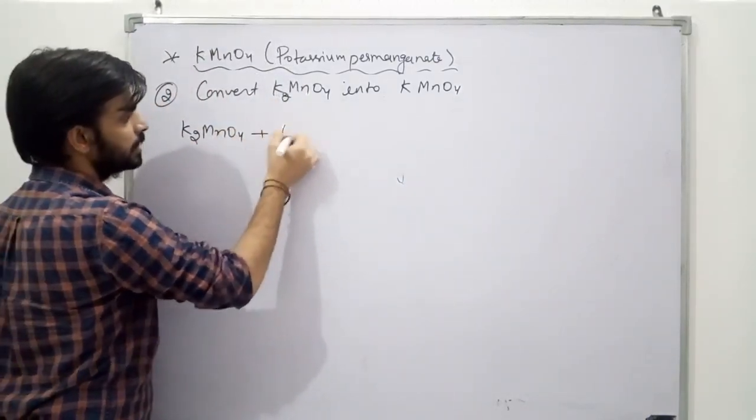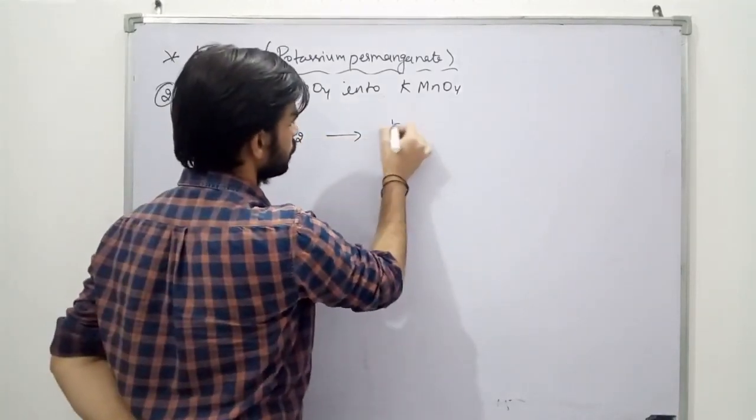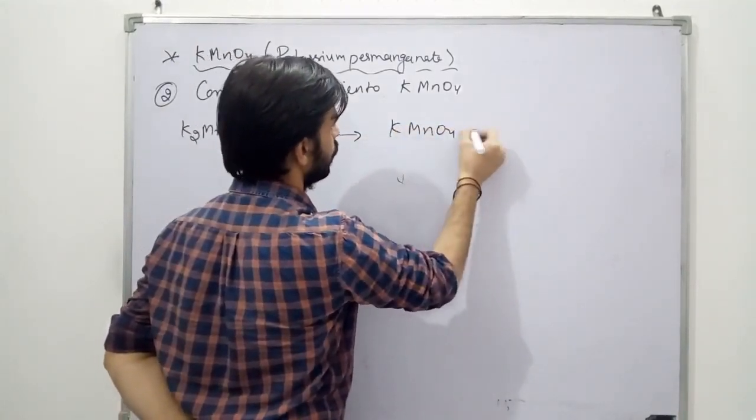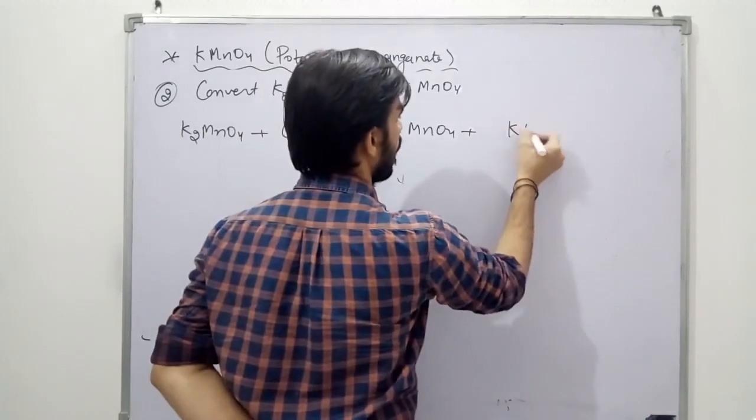K2MnO4, when treated with chlorine, converts into KMnO4 with KCl.